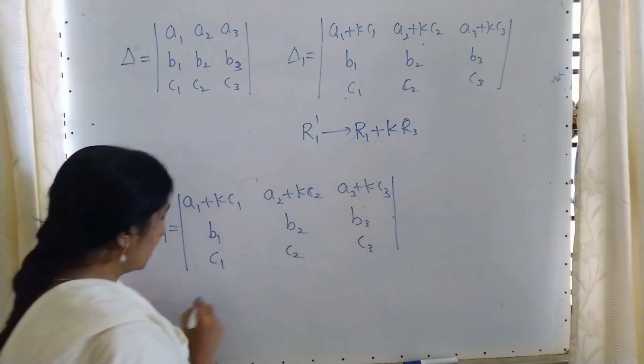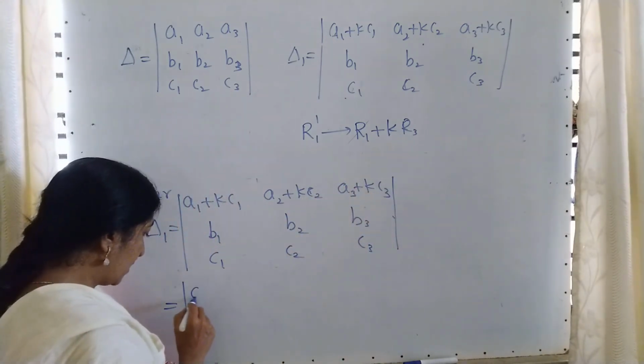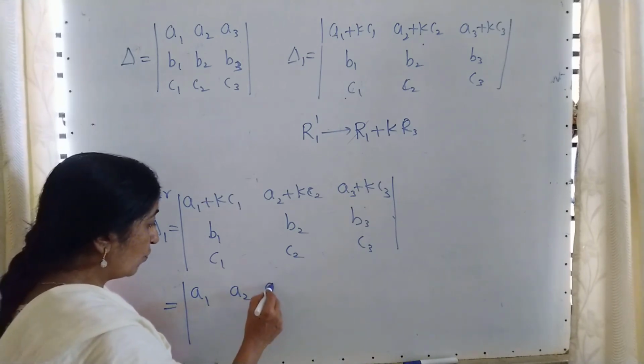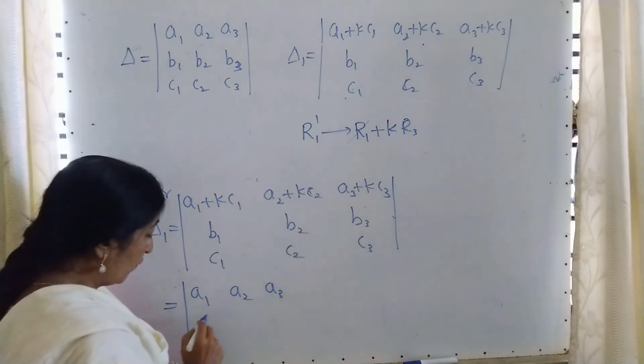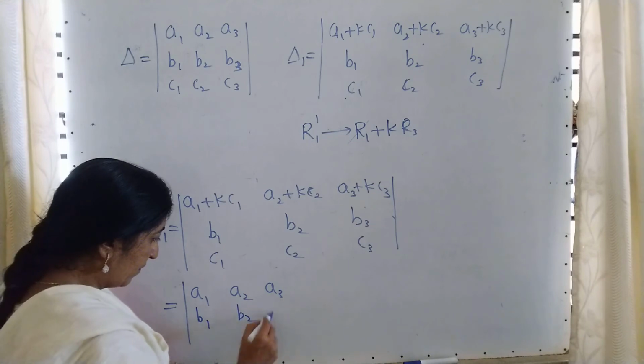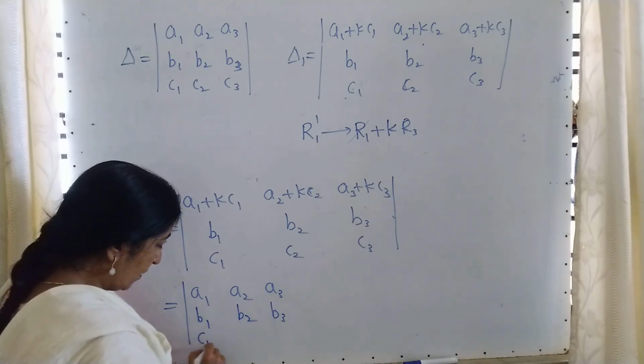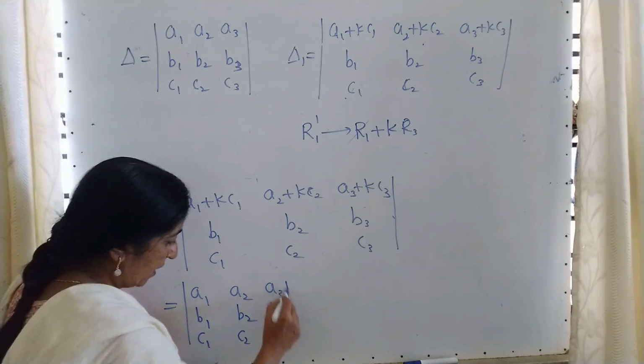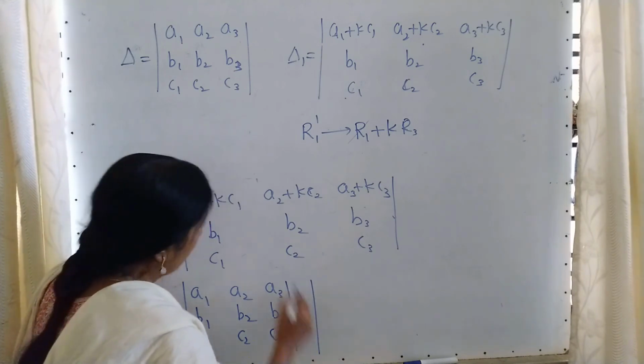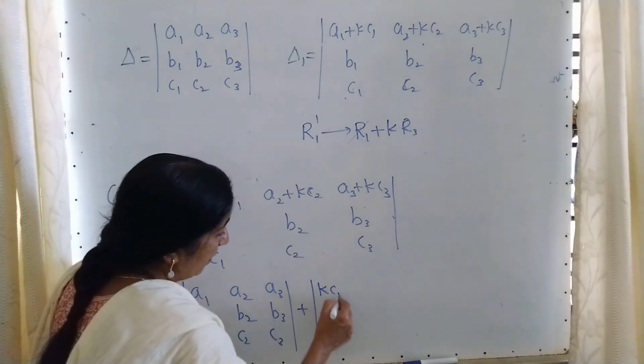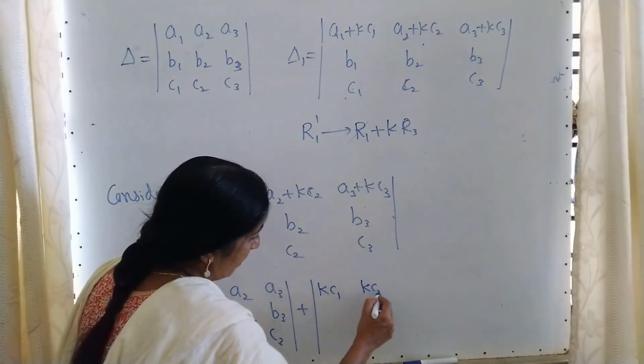Now I am splitting the determinant: the first determinant is A1, A2, A3, because it is the sum of two terms, B1, B2, B3, C1, C2, C3, middle plus, and the second determinant will have the second elements in each expression.